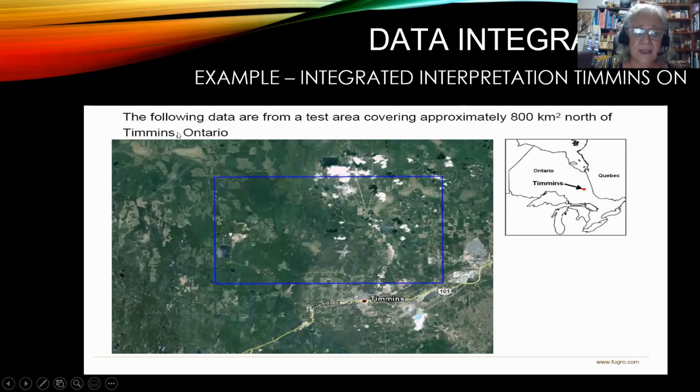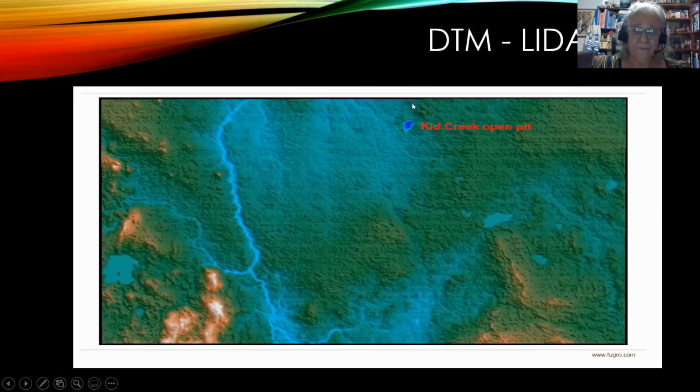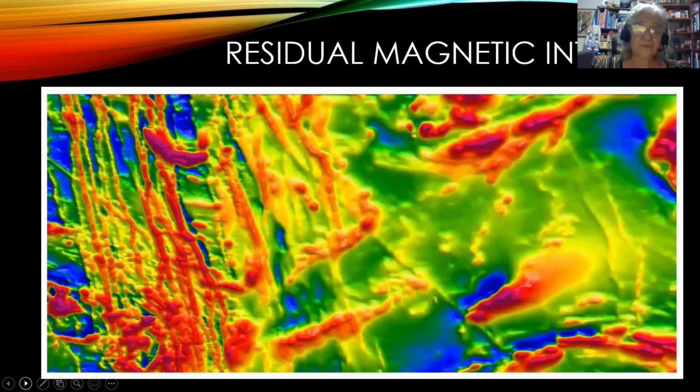And this is a case study from Fugro that is really interesting. It uses data in a test area covering approximately 800 square kilometers north of Timmins, Ontario. This is the DTM, the digital terrain model, and there is an open pit here.